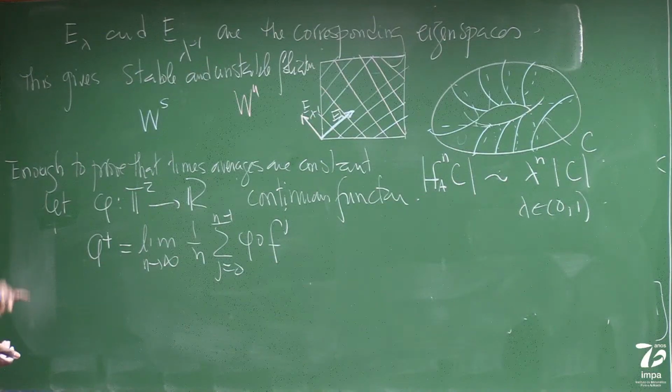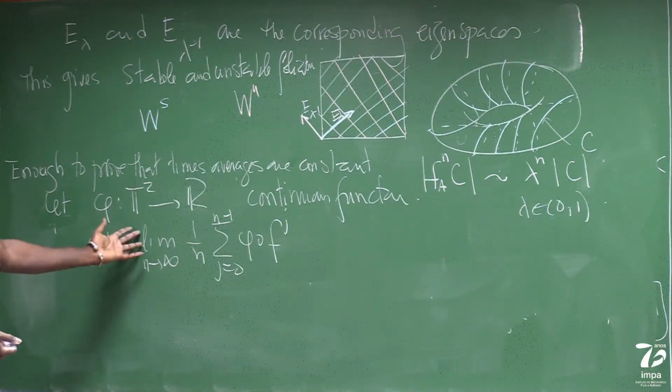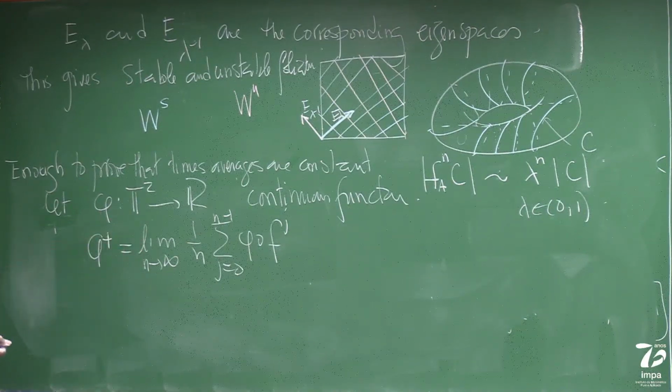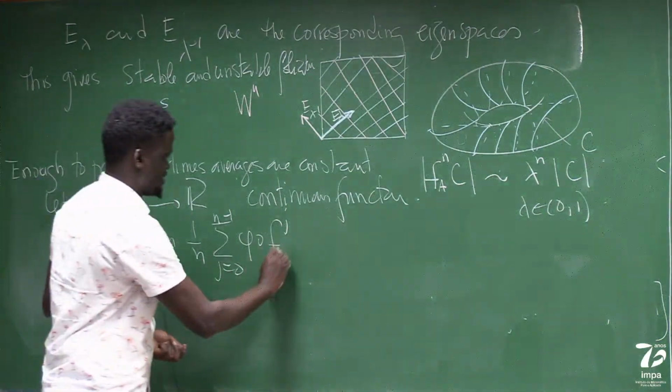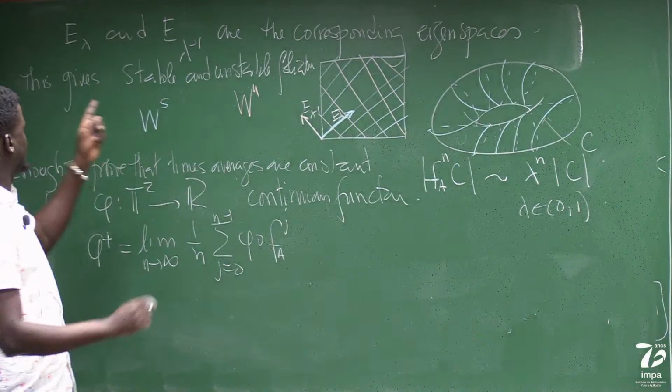Why am I allowed here to write limit? Why do we have this limit here? Somebody knows? So this is f_A, the dynamical system that we have here.